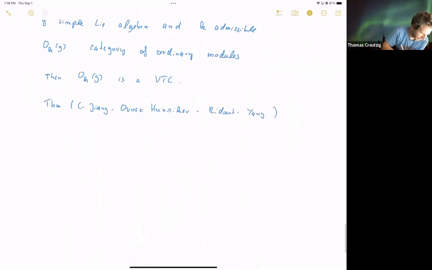So the Virasoro theorem is the following. The category here is called O_c^fin.